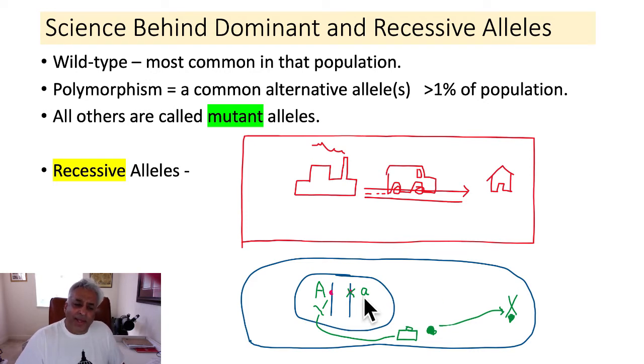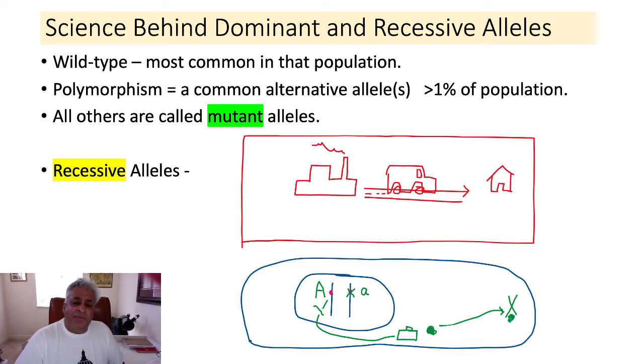Therefore, if the other allele is broken, then there's no effect on the cell. It behaves the same as if you had two big A's and you were producing twice as much of this green blob, the protein. So recessive alleles can be explained as broken alleles, where the final product is not made or delivered to its destination.